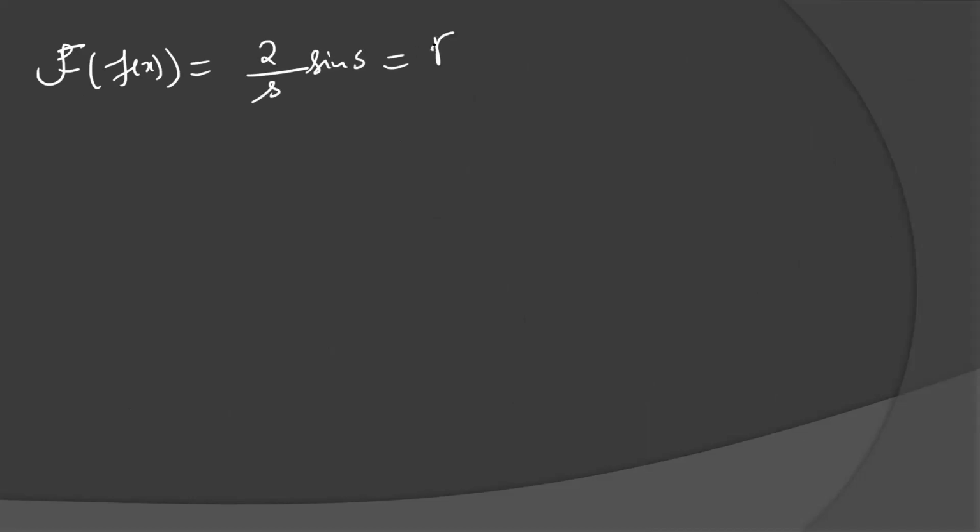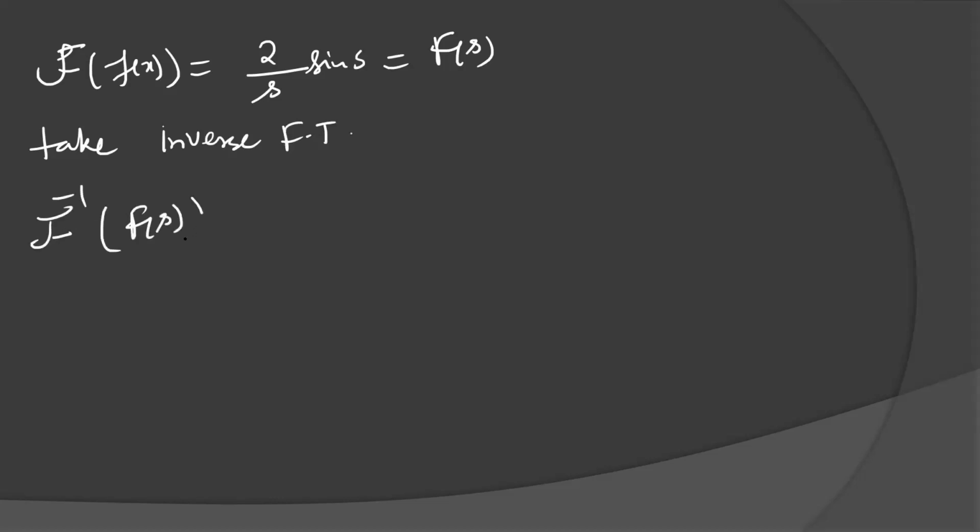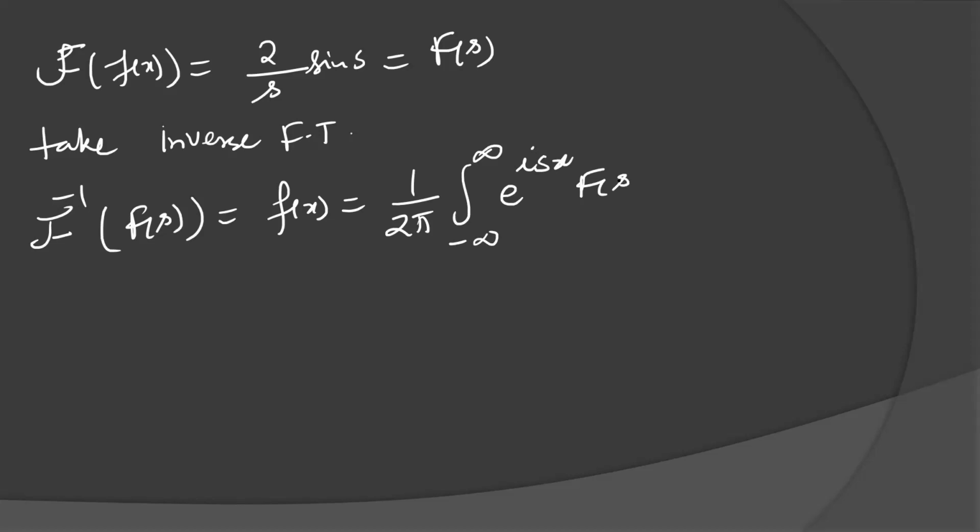This is equal to F(s) only. Take the inverse Fourier transformation. So the inverse Fourier transformation of F(s) is equal to f(x), which is 1 over 2 pi, minus infinity to infinity, e to the power isx F(s) ds.